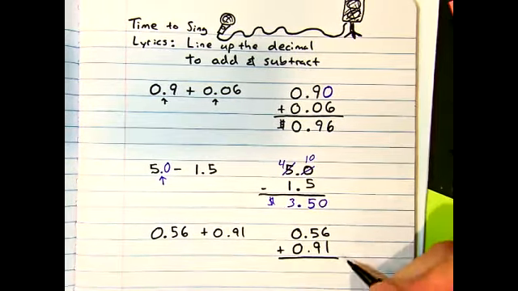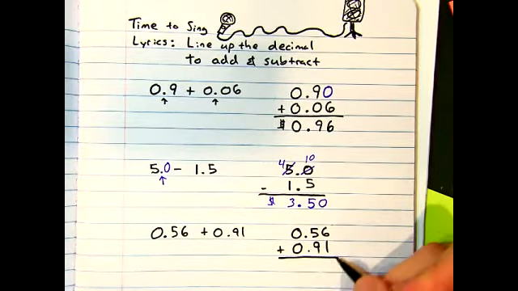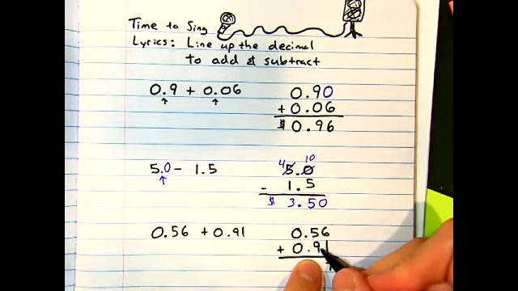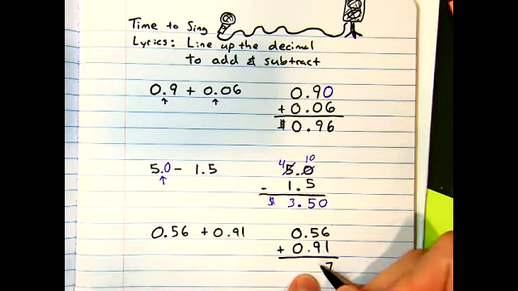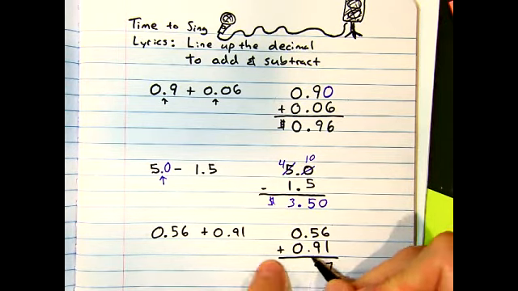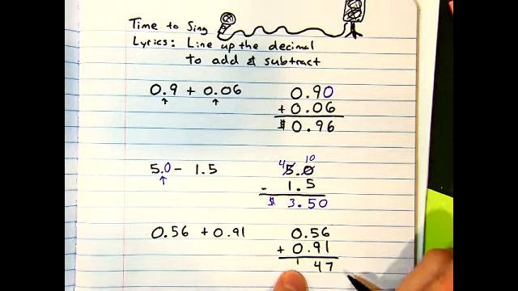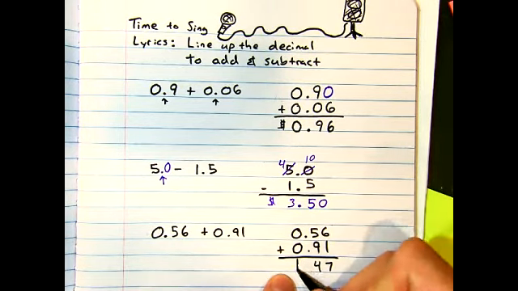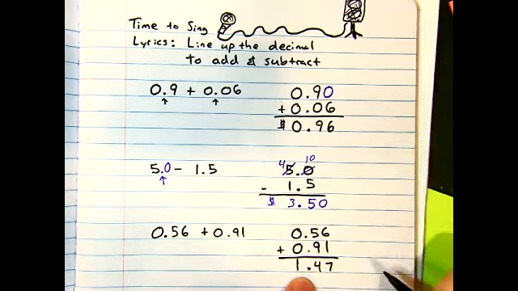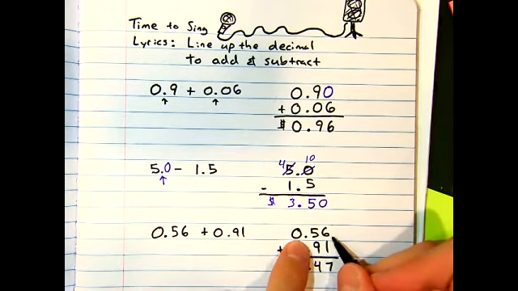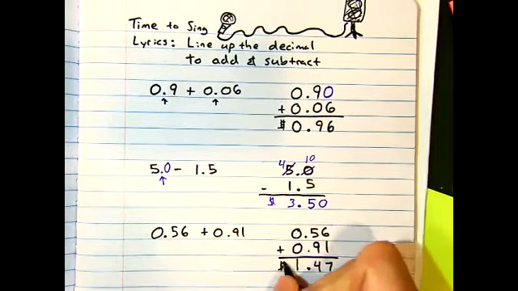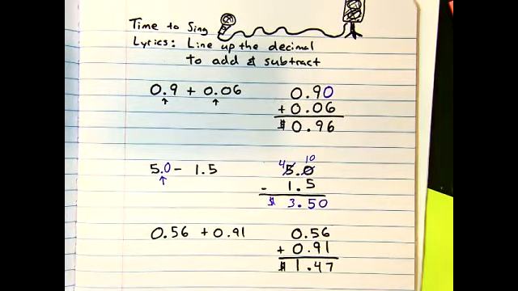Let's add. 1 plus 6 is 7. 5 plus 9, 14. I'm going to put my new group below. 0, 0, 1 gets me 1. Bring my decimal. So 56 cents plus 91 cents gets me $1.47. I don't know why I always go to money.